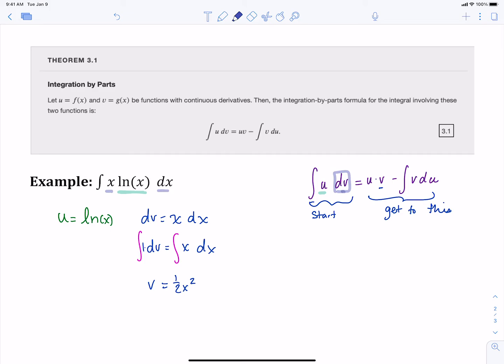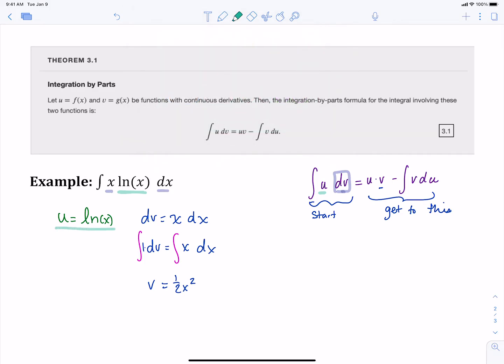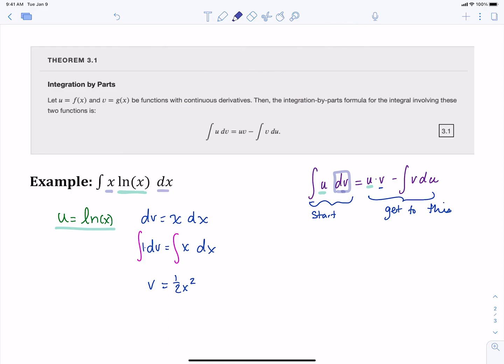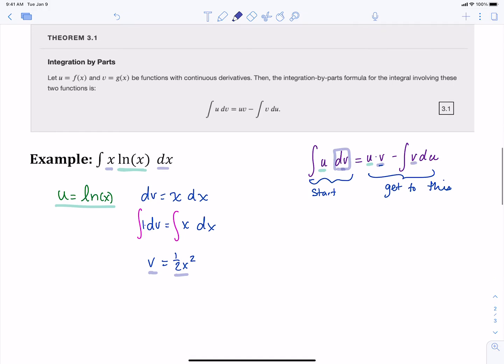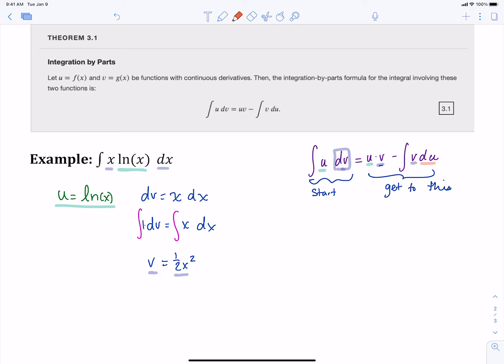So now we have that u is equal to natural log of x. The u that's sitting right there is natural log of x. We now also have that v is equal to 1/2 x squared. There's v, and v is also right there inside of that integral that we end up with. The other thing that we need is this du right here.